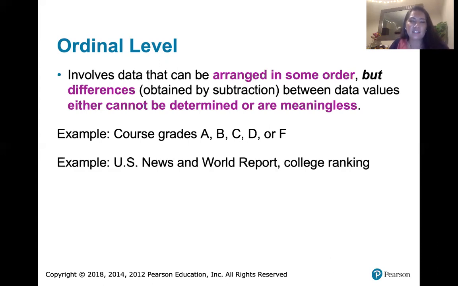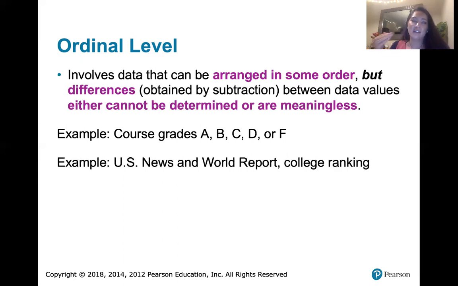Another example is the US News and World Report rankings of colleges. They'll have a college ranked at this level and another college ranked at the next level and then the one after that. And sometimes there are ties based on their scoring system. But if somebody is 10th versus 100th, a rank difference of 90, that rank difference of 90 really doesn't mean anything.